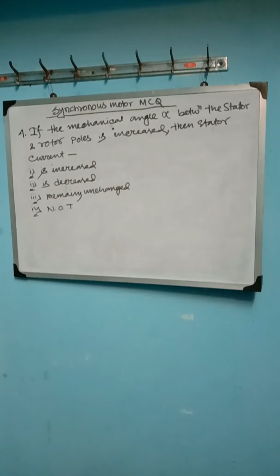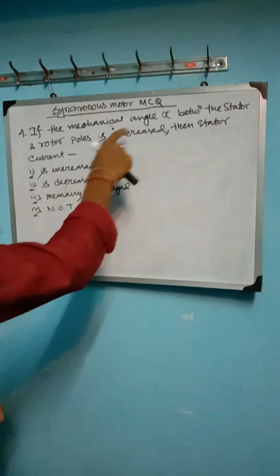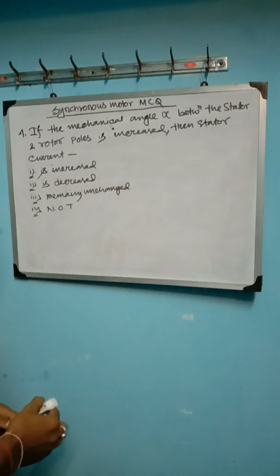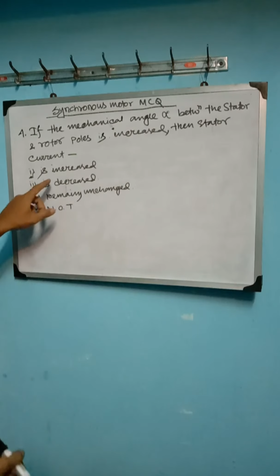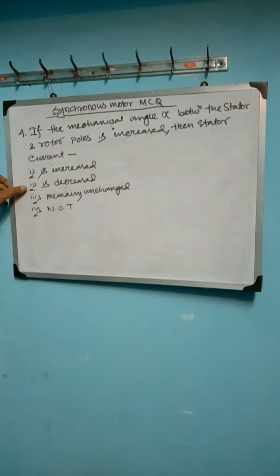Now the next question is: if the mechanical angle alpha between the stator and rotor poles is increased, then the stator current: number 1, is increased, number 2, is decreased, number 3, remains unchanged, and number 4 is none of this.